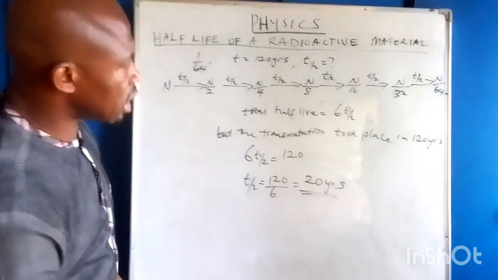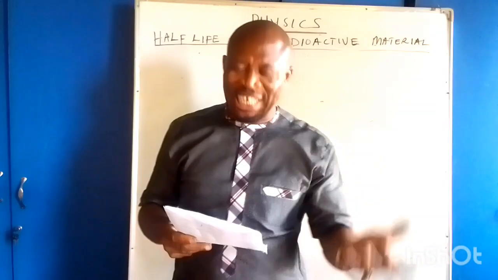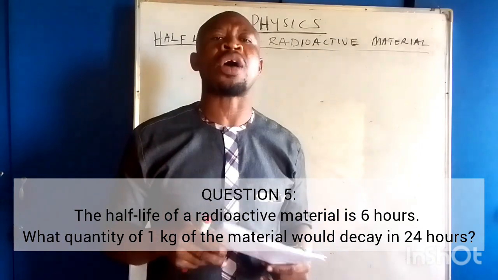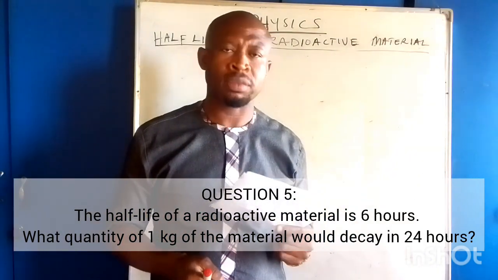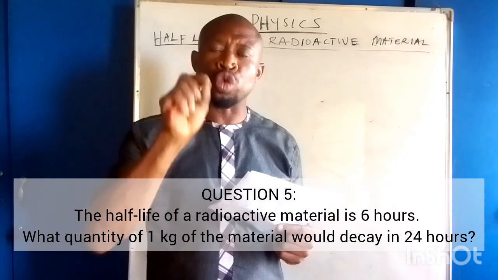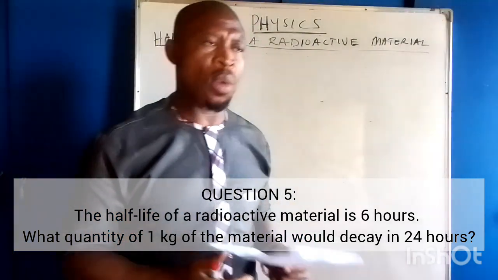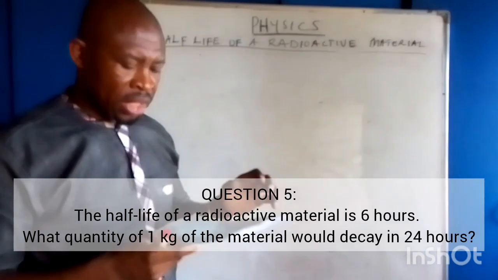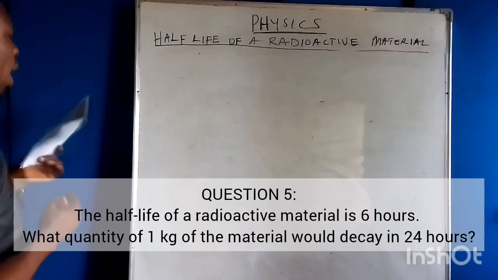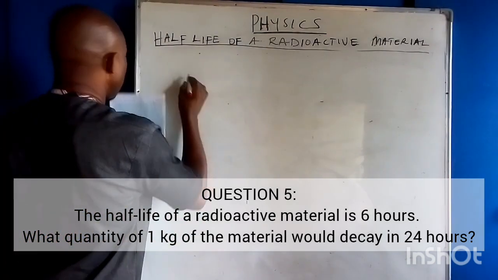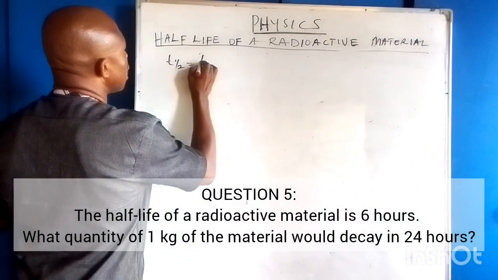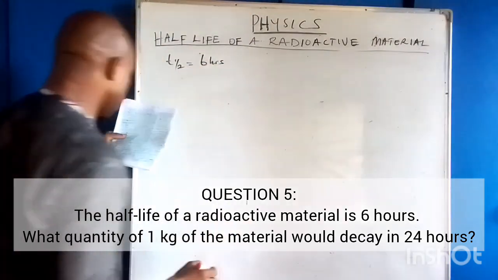Now we will still take more questions. Next one. This one says the half-life of a radioactive material is 6 hours. What quantity of 1 kg of the material would decay in 24 hours? So the half-life there is 6 hours.